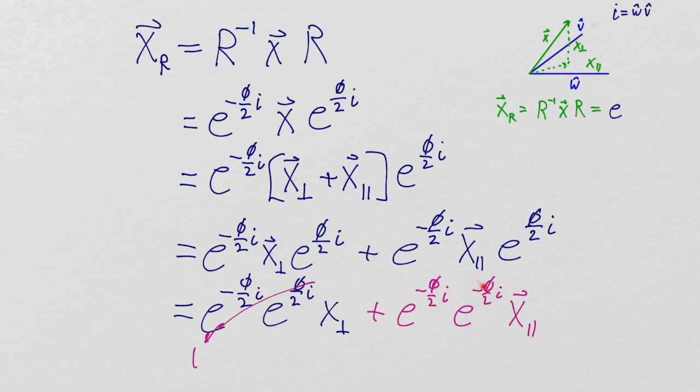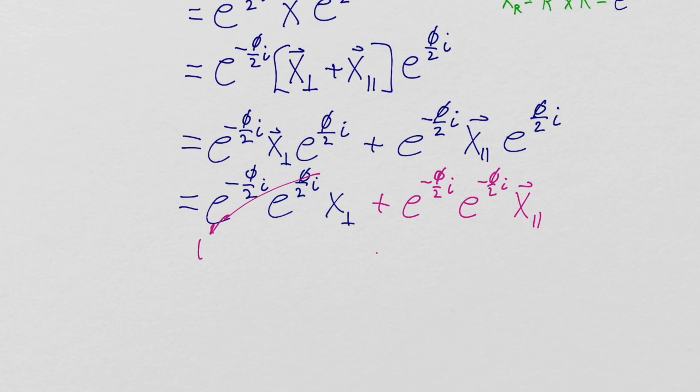Now these exponents add up to phi, so this guy is going to be e to the minus phi I x parallel, which is also, playing the same game, x parallel e to the phi I. We can do it either way, left or right. If it's on the left, you get a minus sign; if it's on the right, you get a plus sign.